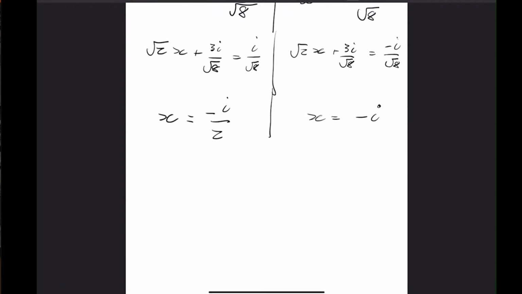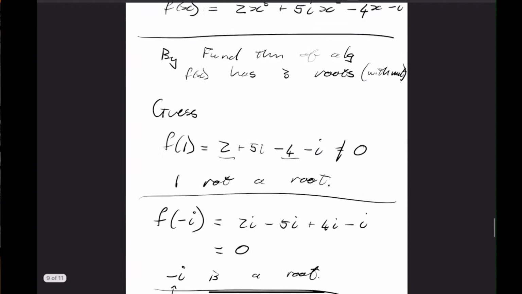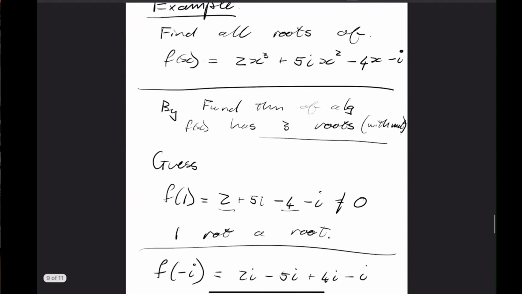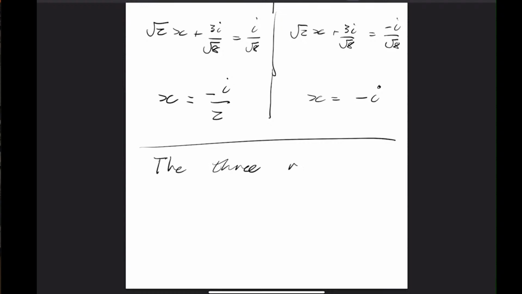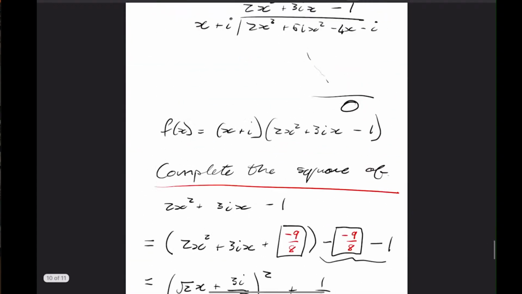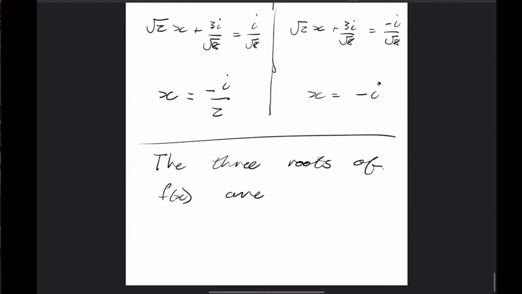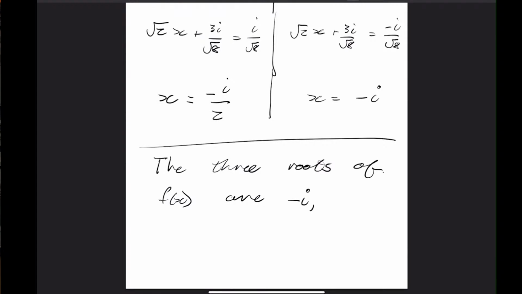Okay, so now we have found all 3 roots. We're looking for 3 roots, and now we found all 3 roots. So the 3 roots of f of x are, the first root that we found was minus i, and here we have another minus i, and i over 2.